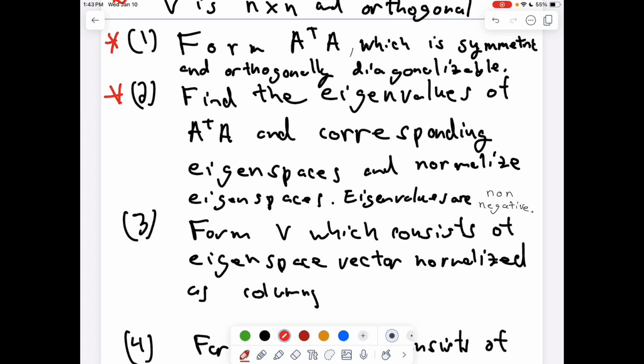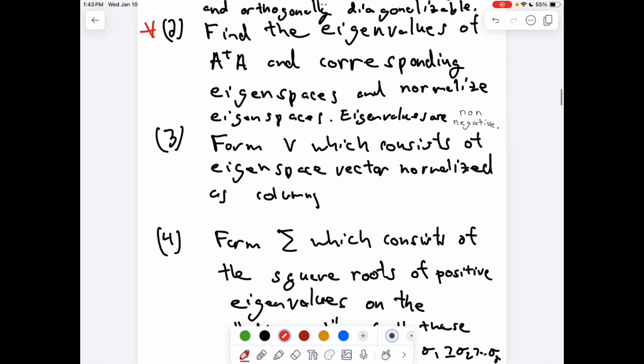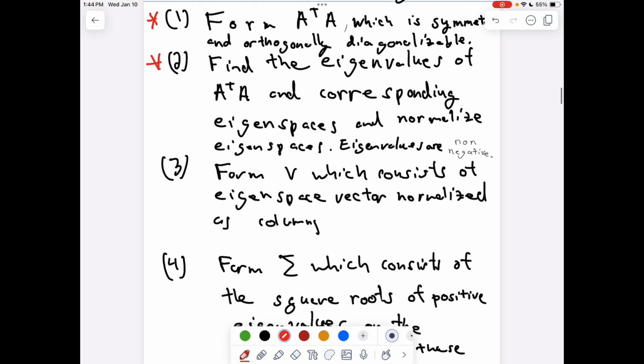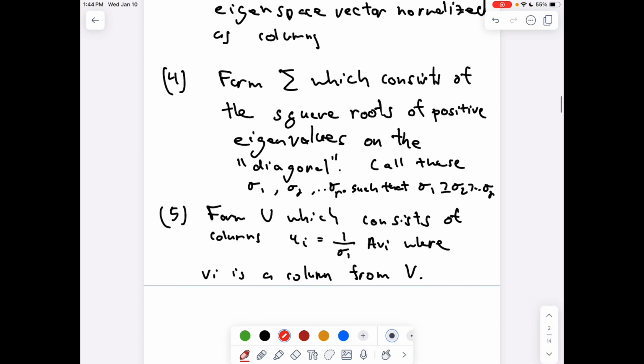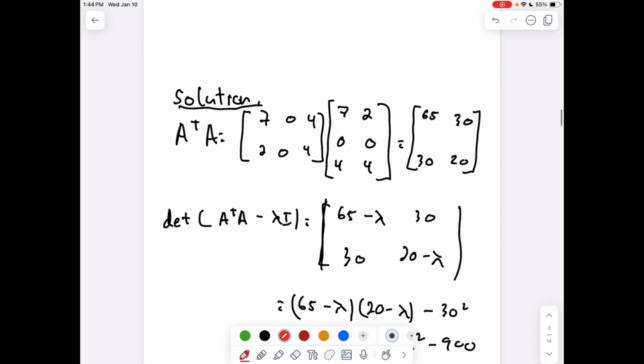You're going to form A transpose A, and after that, find the eigenvalues of A transpose A. A transpose A is a symmetric matrix, and the eigenvalues are going to be non-negative, meaning they're going to be positive or 0, but no negative or complex eigenvalues. And I have 3 other steps here, which I'll get into more.